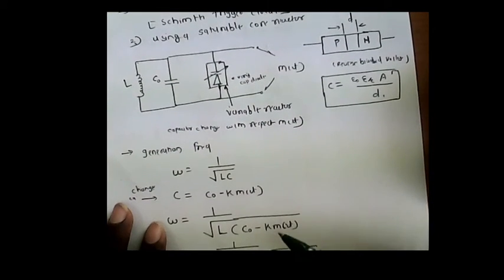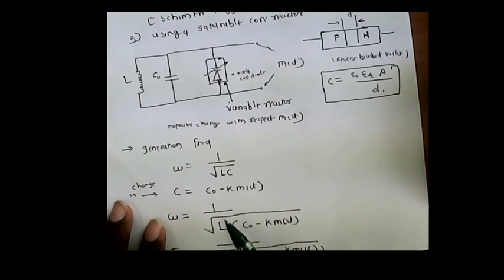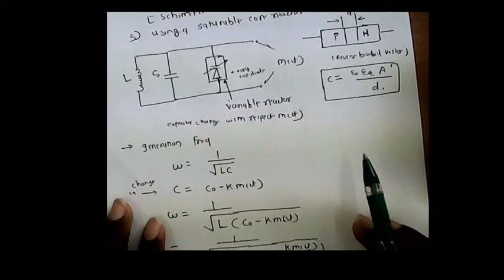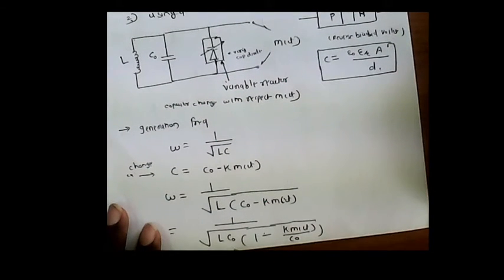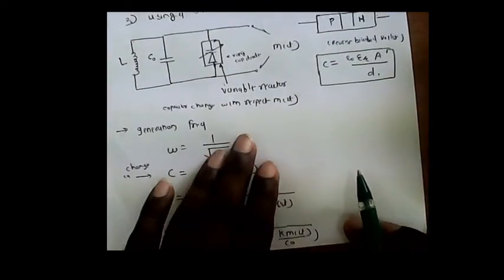So we can write the final frequency omega equal to 1 upon square root of L times (C0 plus K m(t)). Taking C0 as common, we can rewrite the equation as 1 upon square root of L C0 times (1 plus K m(t) divided by C0).